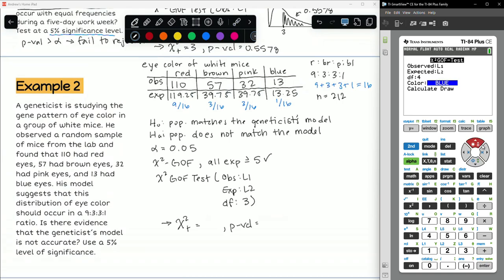Change the degrees of freedom for this test to be 3. And we get a chi-squared of 9.7 with a p-value of 0.0211.